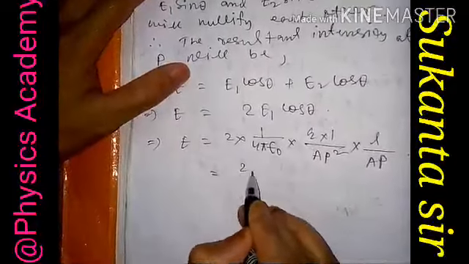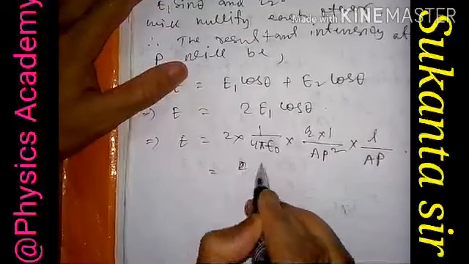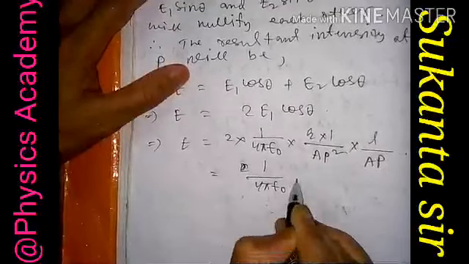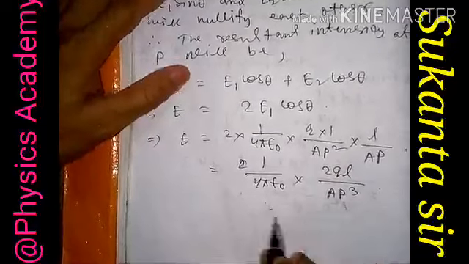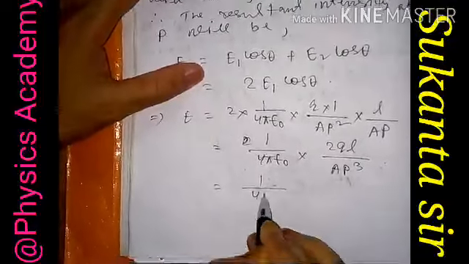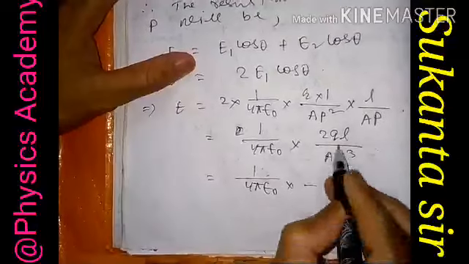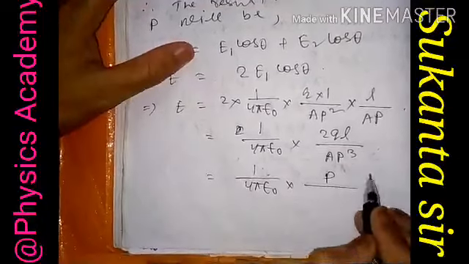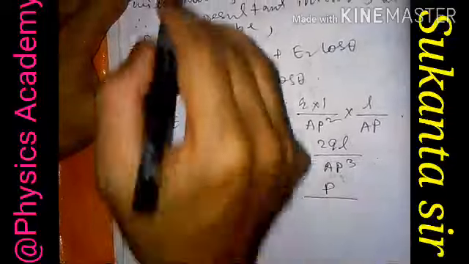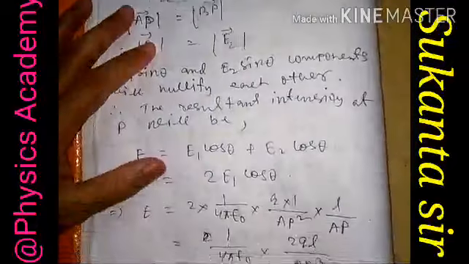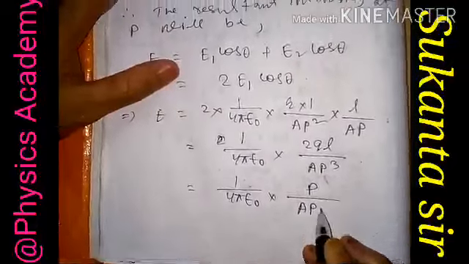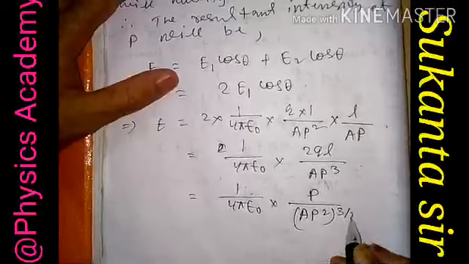From here, 2 into 1 by 4 pi epsilon naught into 2qL divided by AP cube. 2qL we take as p, which is the dipole moment, and AP cube we can write as AP square whole to the power 3 by 2.